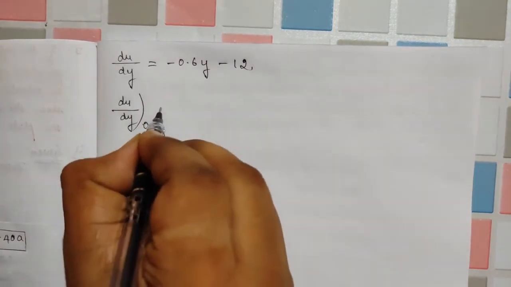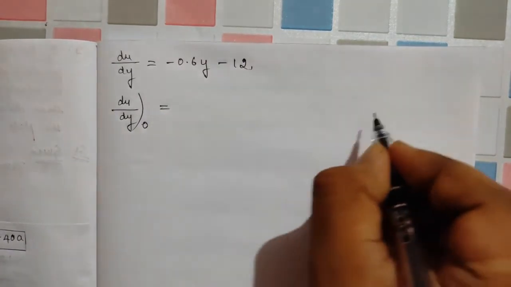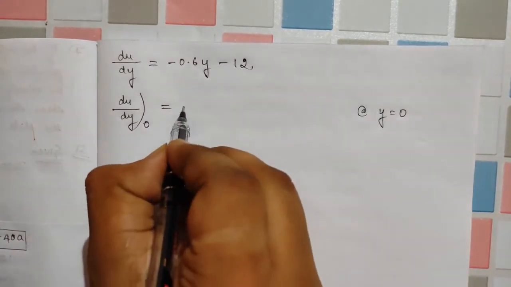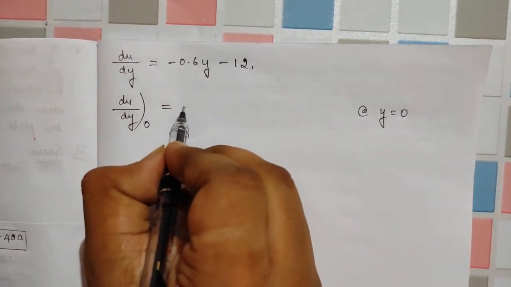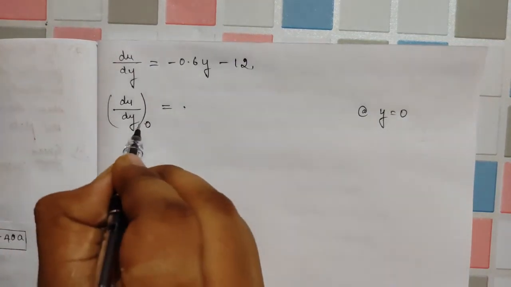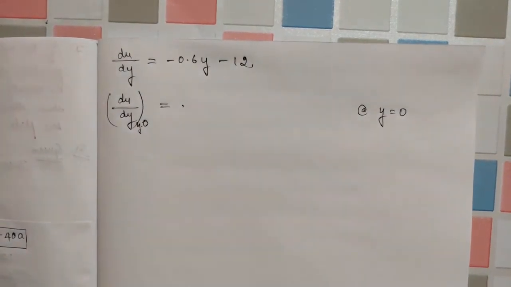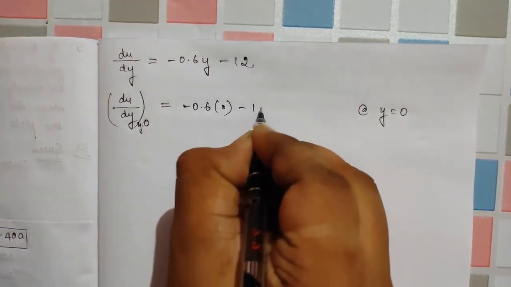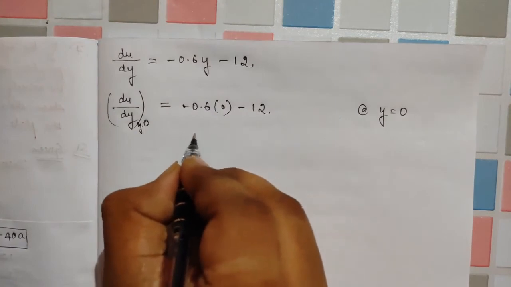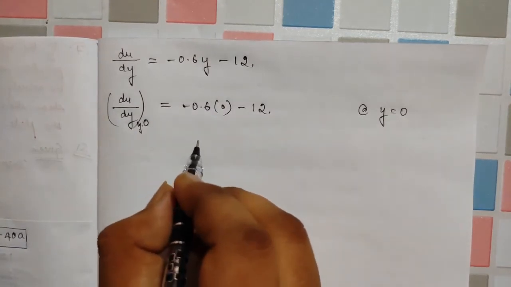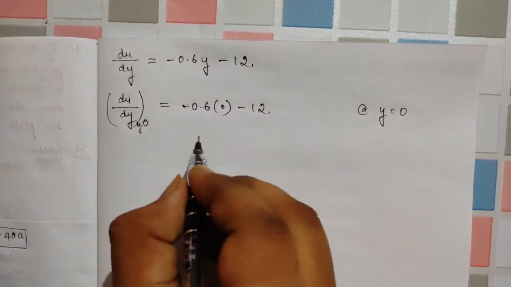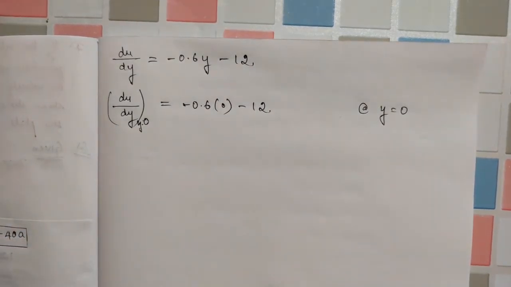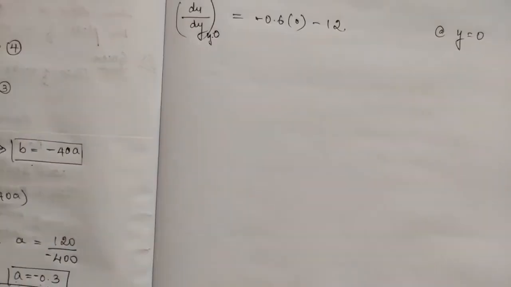Now du by dy at y is equal to 0. So this will be 0.6 into 0 minus 12. Therefore du by dy will be equal to... here I made a small mistake.